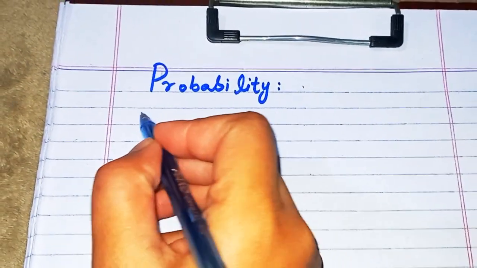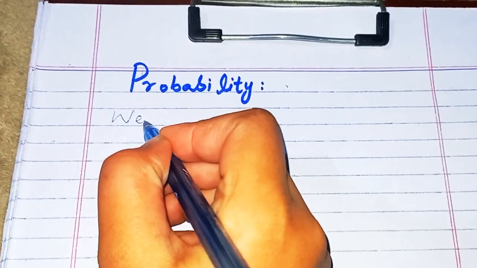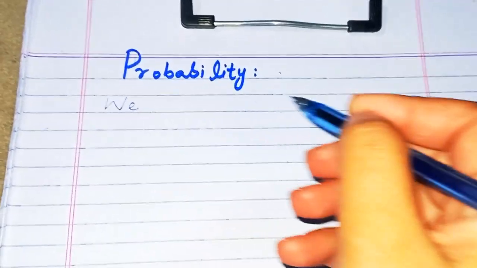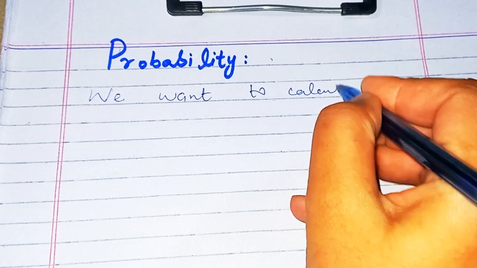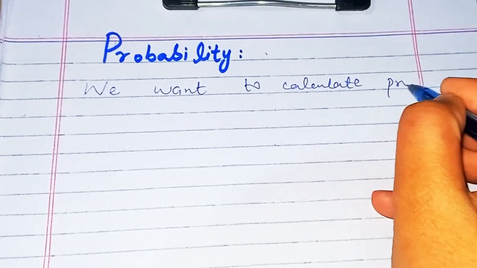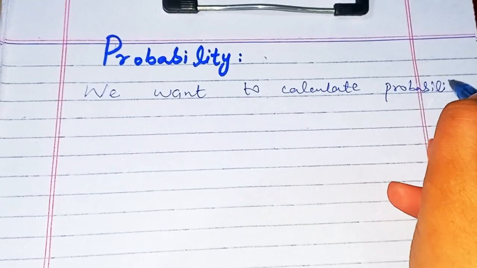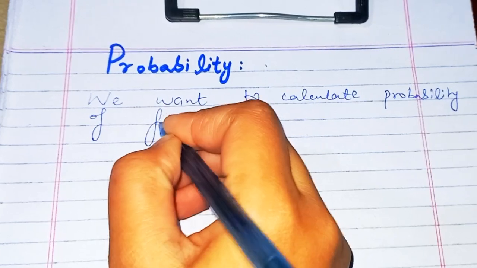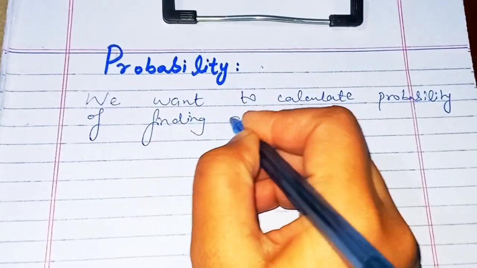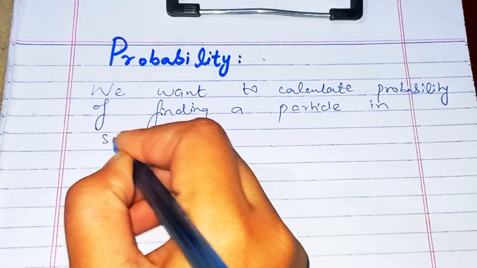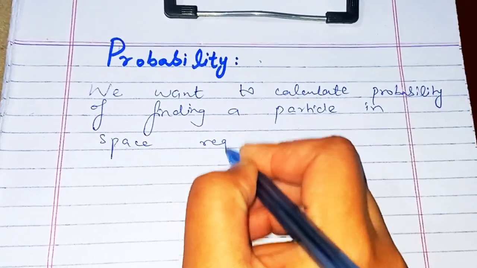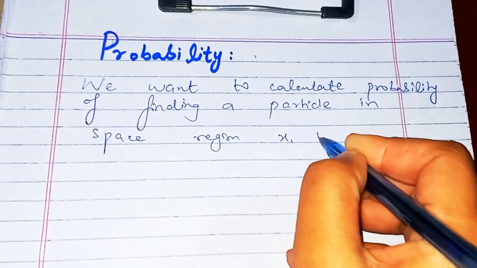So first of all, let's see the most conventional formula. For example, we want to calculate the probability of finding a particle in a space region x1 to x2, let's say.